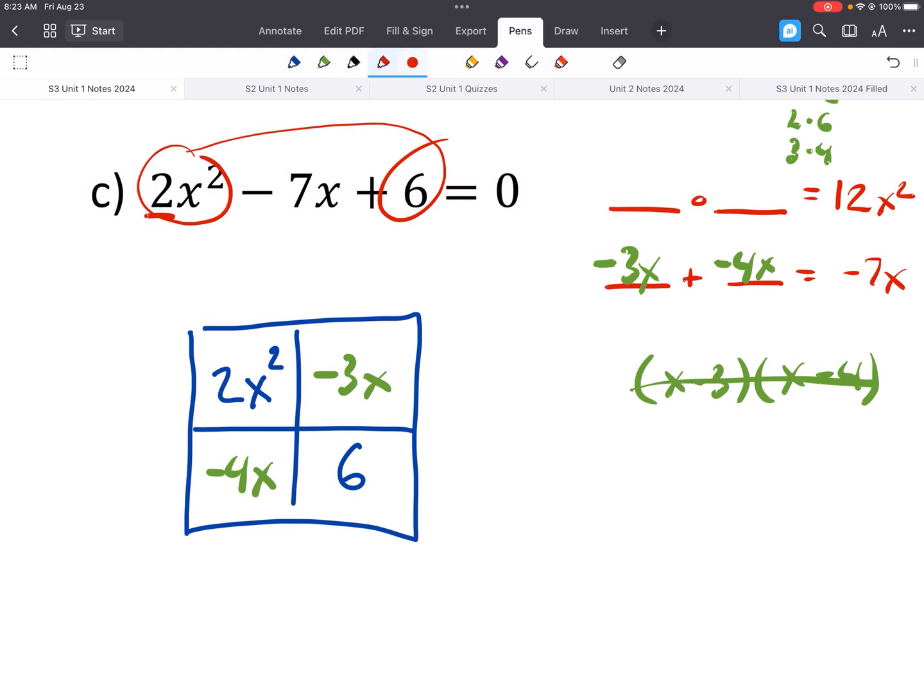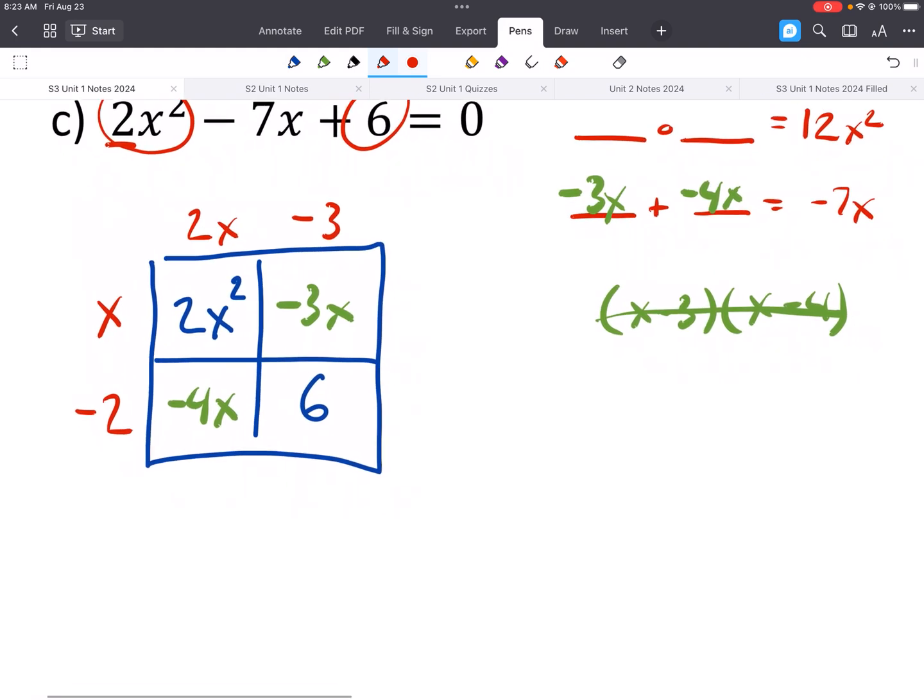Okay, so then we will factor out the greatest common factor for each row and column. Looks like we've got an x and -2, and then 2x and a -3. Again, we can always check by multiplying back to see if it matches, and that looks good to me.